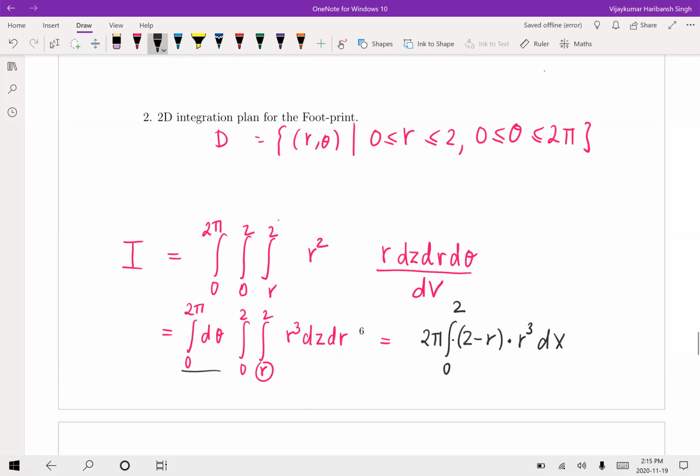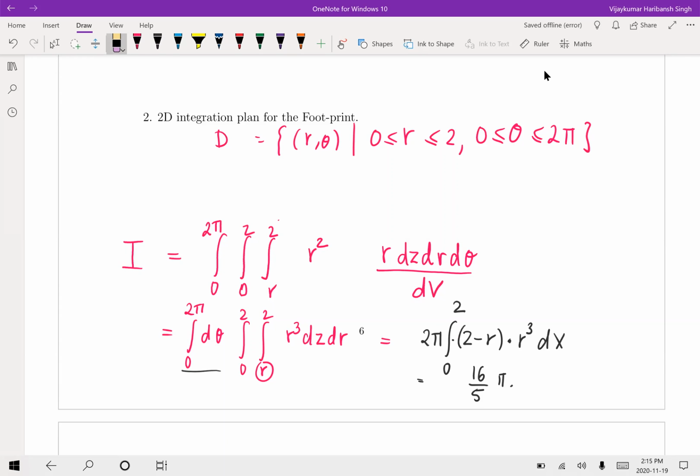And a bit of work would show that this is going to be 16 by 5. Straightforward integration and then substitution.